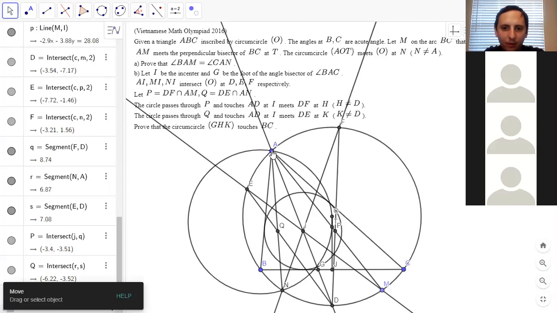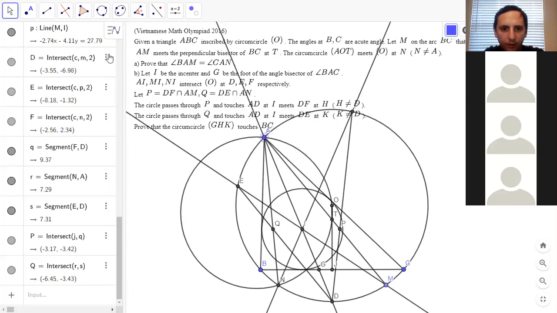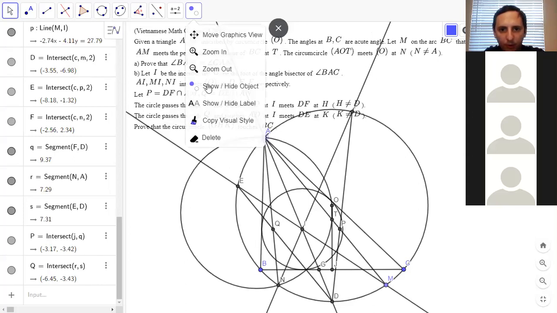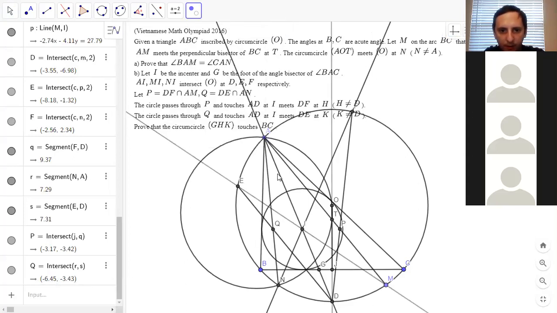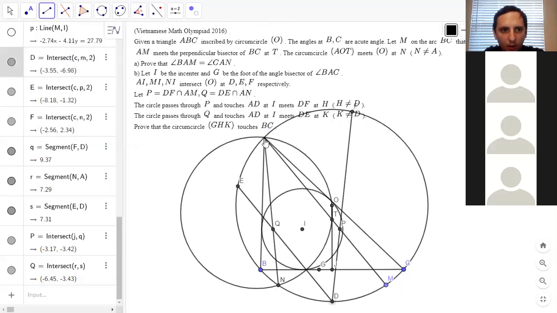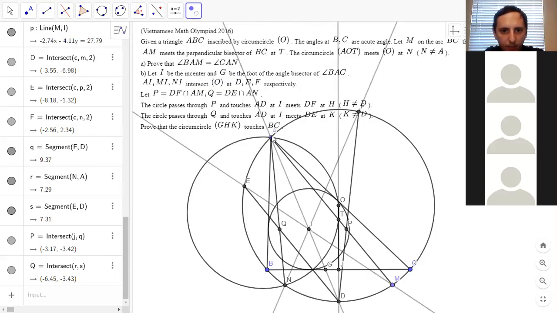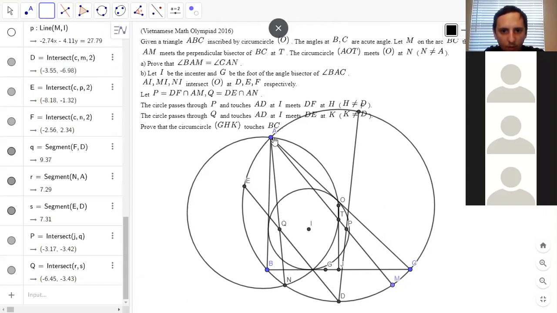Okay. So let me first make things look a little nicer. Before I go further, I'm going to make the diagram clearer. Whoops. I hid A. So we have AD.